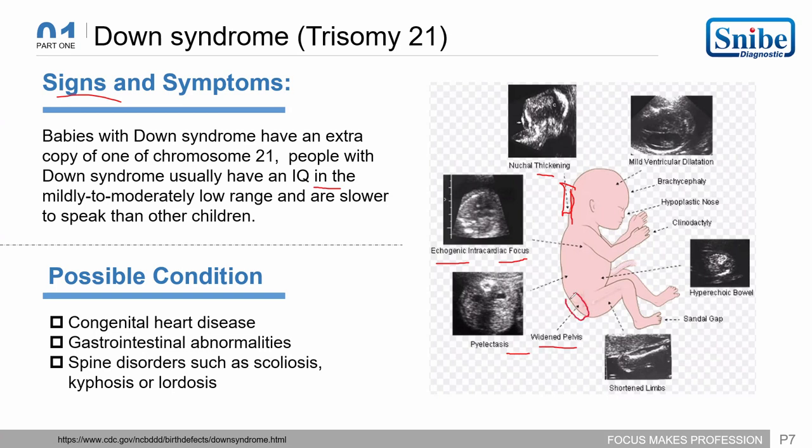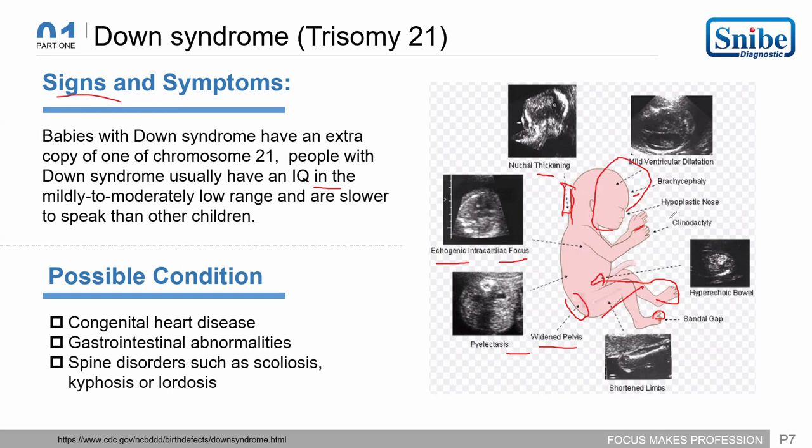These are the regions where we can conclude during imaging of the fetus that there is some abnormality. The others are a shortened limb, a sandal gap, and hyperechoic bowel. Then they have a hypoplastic nose, clinodactyly, and brachycephaly. These are the typical clinical features of a Down syndrome fetus.